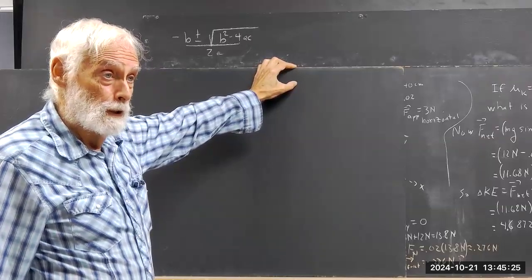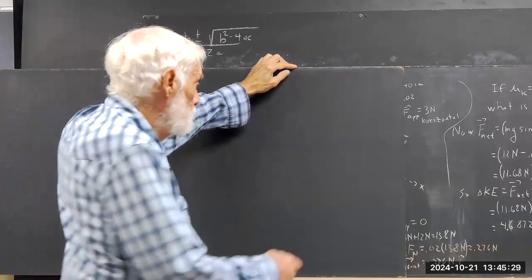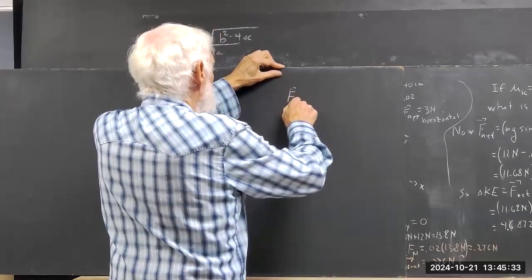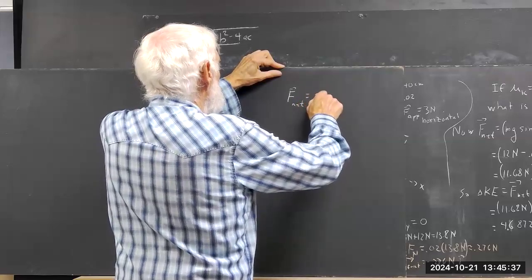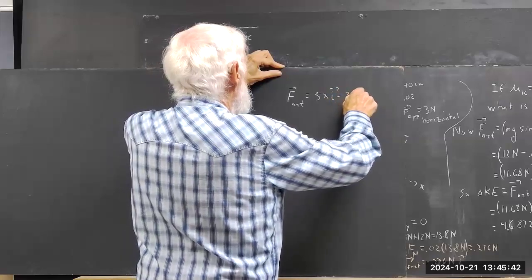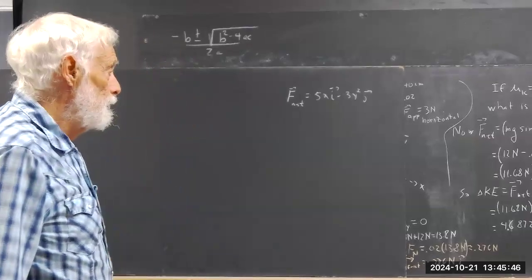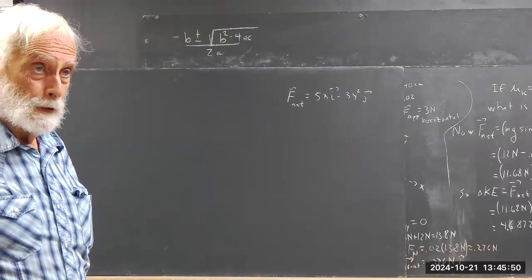It's going to be all over the place in the spring, okay? So we want to get our feet wet. So let's say we have 5xi minus 3y squared j. That's our net force.